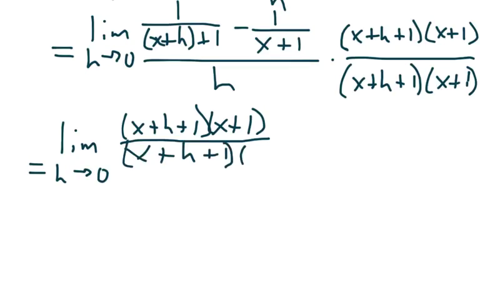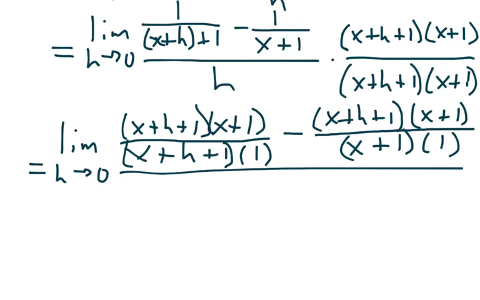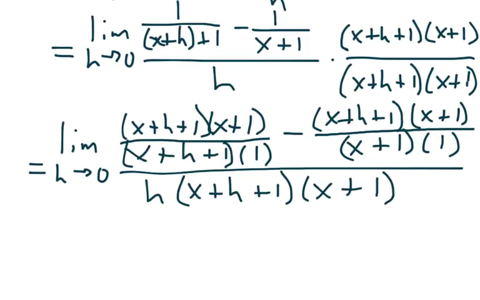Factoring that out would leave us with a 1 minus (x plus h plus 1 times x plus 1) over (x plus 1). And if that were factored out, it would leave us with a 1 all over h times (x plus h plus 1) times (x plus 1).